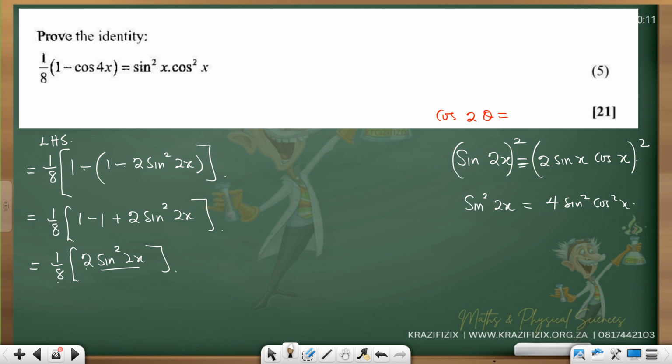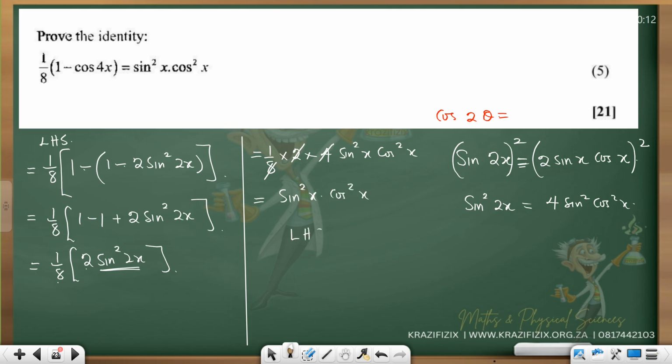Oh, look at what a beautiful maths. The left-hand side is therefore equal to the right-hand side. Interesting. Beautiful maths there.